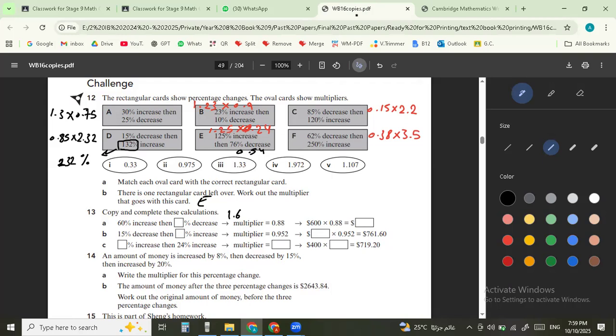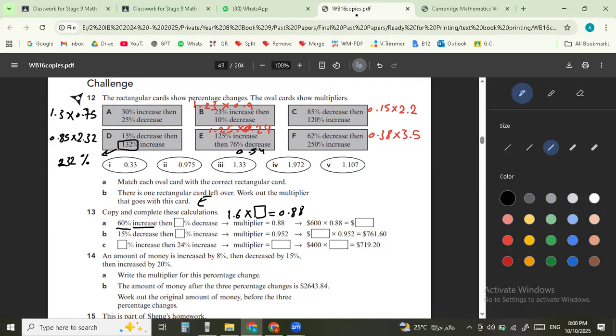So it is 1.6 times what is going to give you 0.88. That's what they mean. Where did you get the 1.6 from? Didn't they say it is an increase by 60%? So it is 160%, which is 1.6.